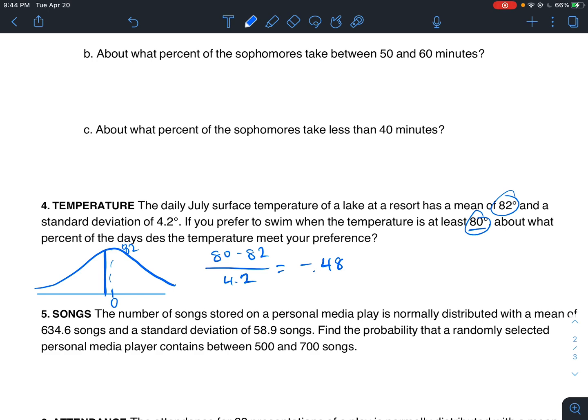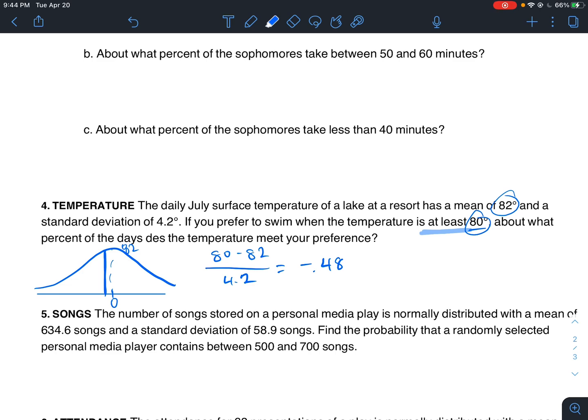Now, here's the thing. It says at least 80 degrees. A lot of students are going to think, let's find the area under the curve here, and that will cover what I want. But the key words here are at least. So I want to find anything greater than 80.